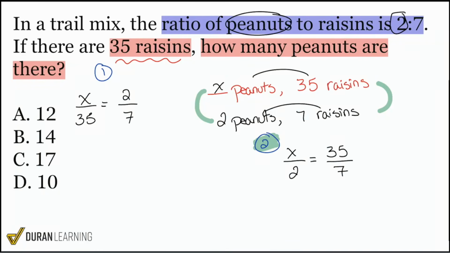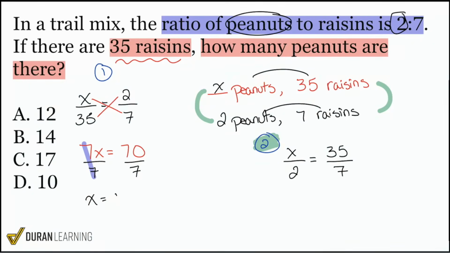What is 35 multiplied by 2? What's that going to give us here? Yeah, 35 times 2, that's going to give us 70. And then when we divide both sides by 7 to get that X by itself, check this out. What is 70 divided by 7? That's going to be 10, right? So there we go.